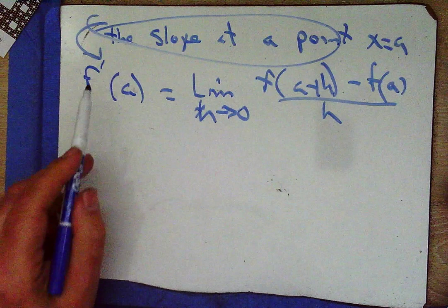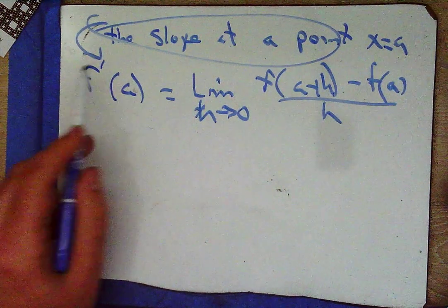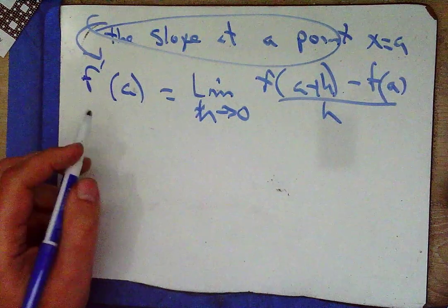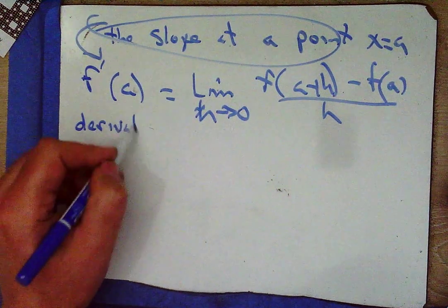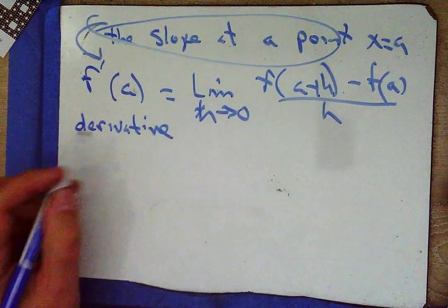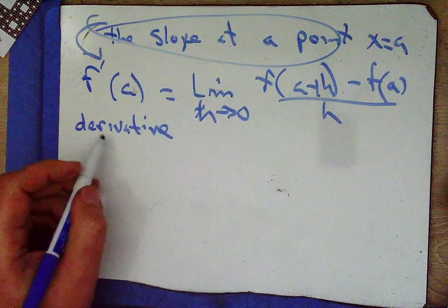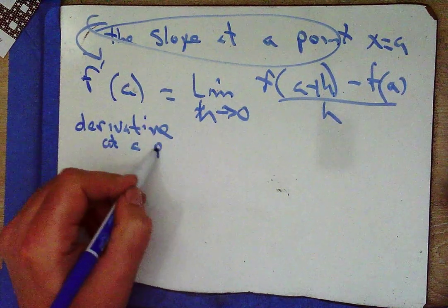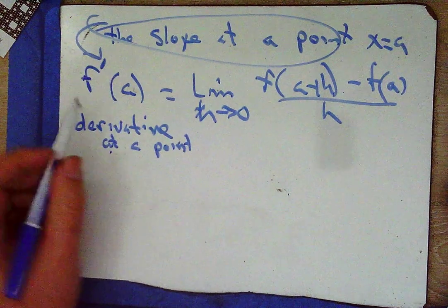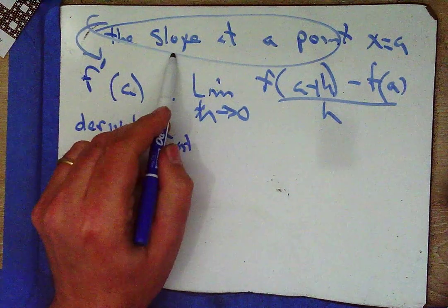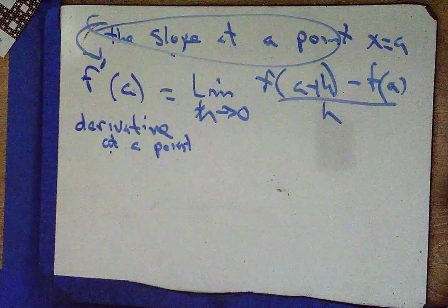Now, this f prime we know is the slope at that point. It also has another name. This is called the derivative. And what we're finding here is the derivative at a point. All our primes are derivatives, and they represent instantaneous rate of change at a point.